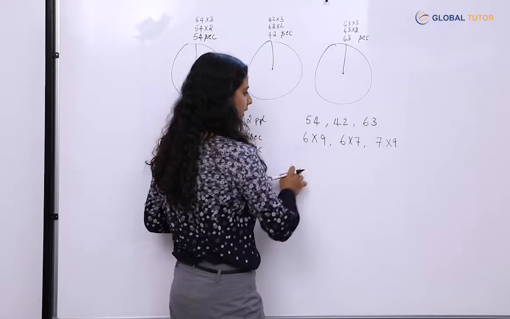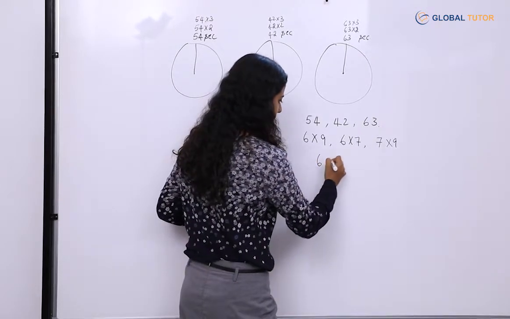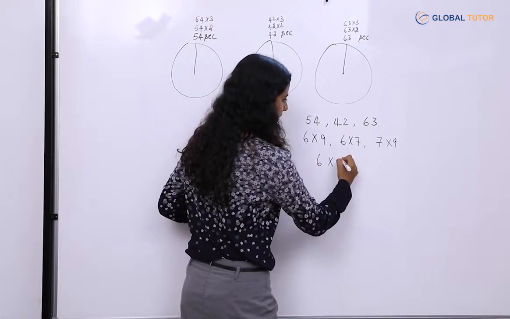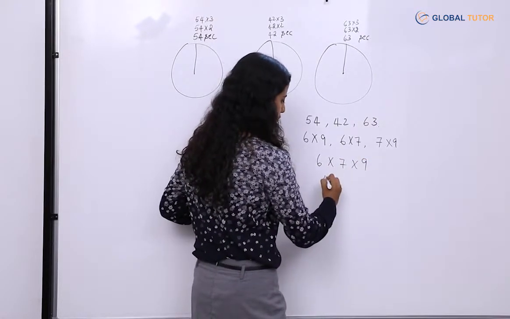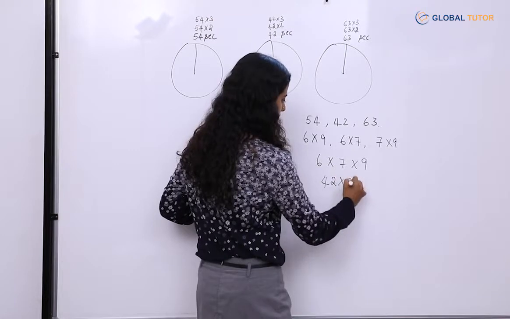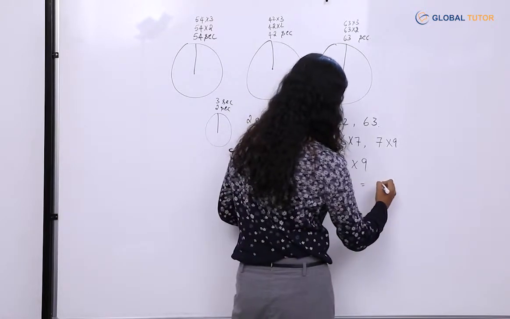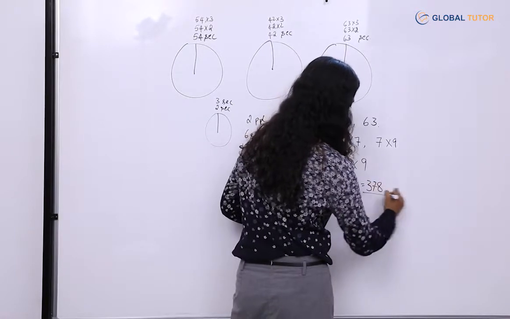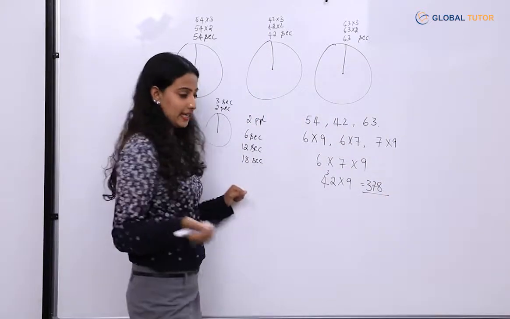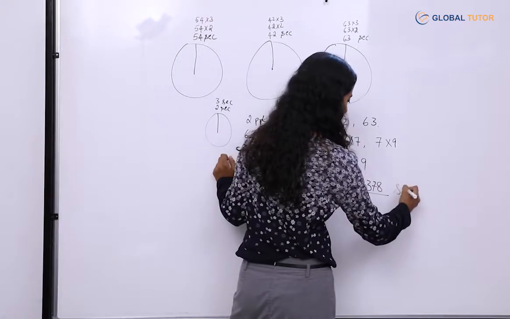Now from this we'll take common. So we'll take 6 and then we'll take 7 and 9. 6 into 7 is 42, 42 into 9 which is 378, which means at 378 seconds.